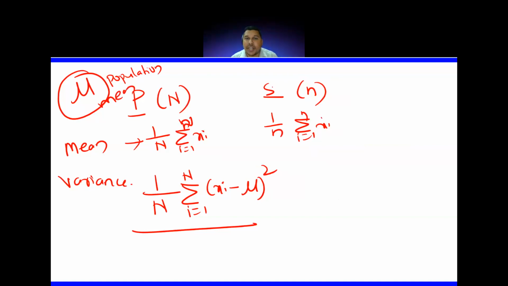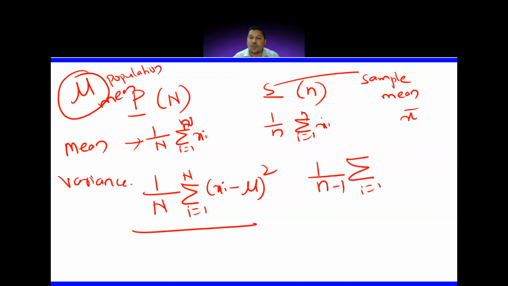How do you represent sample mean? Sample mean can be represented as x bar. So the variance in sample is 1 by n minus 1 sigma i equal to 1 to n xi minus x bar whole square. So these are the two equations for variance of population and sample.